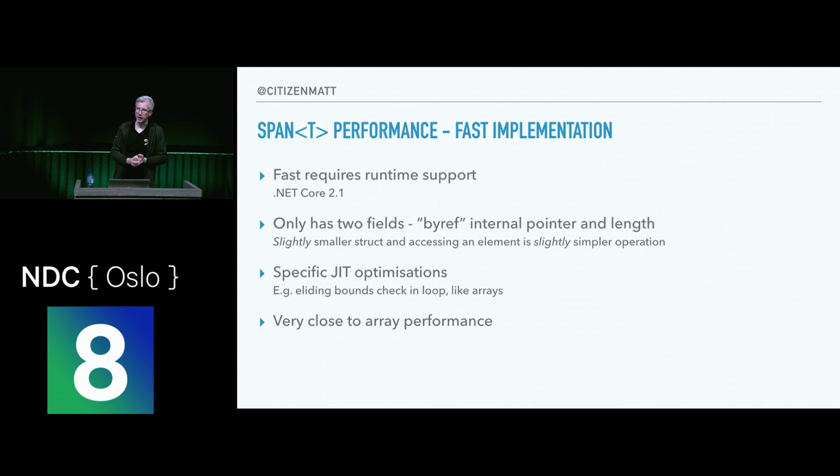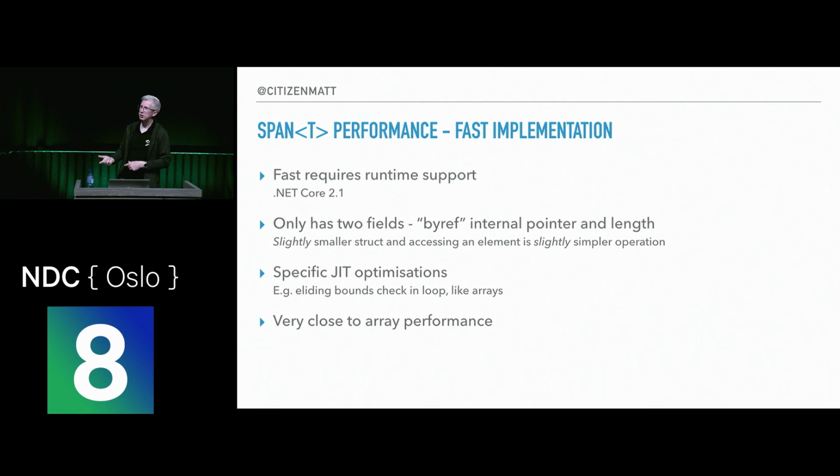The fast implementation requires runtime support, and this is .NET Core 2.1 and above, where the runtime recognizes this type. This only has two fields. It has a special by-ref internal pointer. So you've got this block of memory, and the span says, I start there. It doesn't have to start at the beginning and count. It knows exactly where to start, and it knows the length, which means getting at the values is slightly faster and slightly simpler, and therefore slightly better performance.